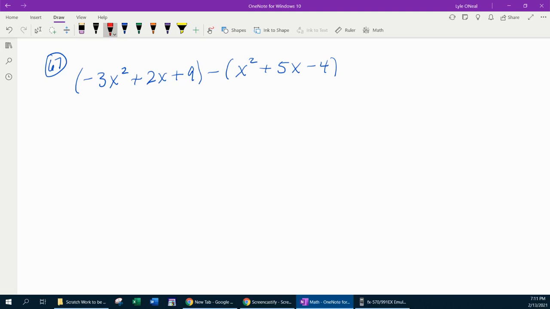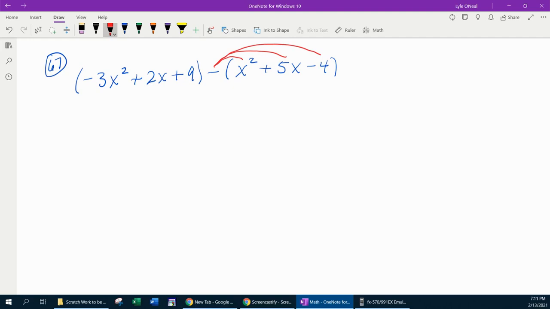And for our last example in this lesson, number 67, we have subtraction of polynomials. The instructions actually say subtract, but like I said, it could also say perform the indicated operation. And since we have a subtraction, this minus means that it applies to every term in the parentheses.